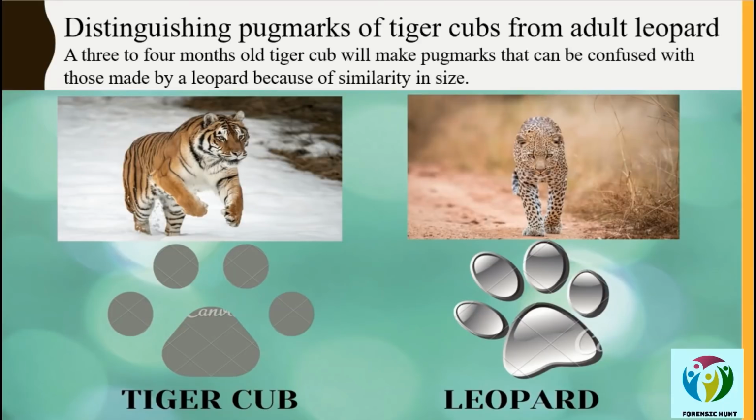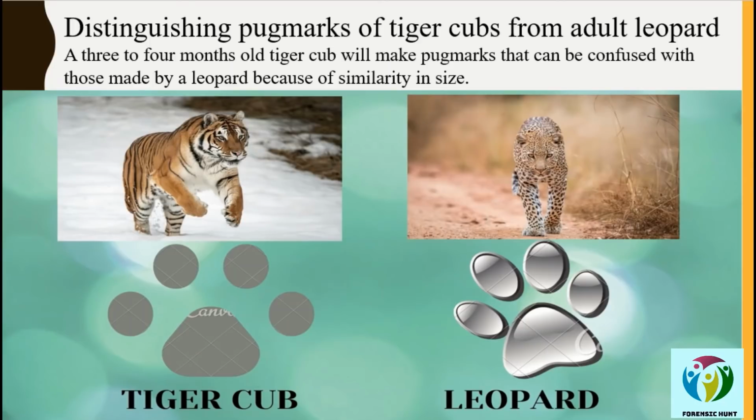If you have a suspicion whether the given pug mark is from a tiger cub or from a leopard, the first thing that you could observe is that the track of the mother tigress will invariably occur alongside those of her cub, as tiger cubs of that age do not move independently.